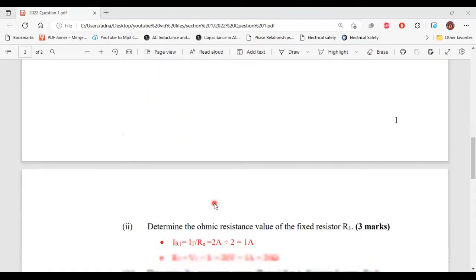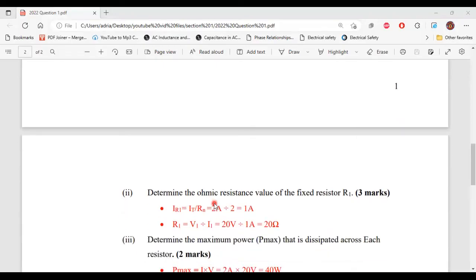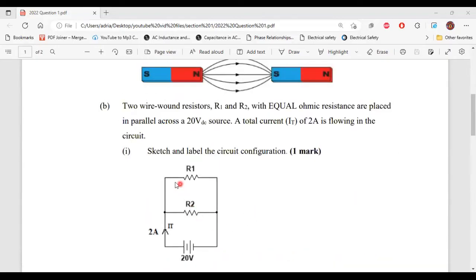All right, so let's scroll down. The current flowing through R1, so IR1, is equal to IT divided by Rn, which is the number of resistors. That is 2 amp divided by 2, and that will give you 1 amp. And that will give you the current that is flowing through R1.